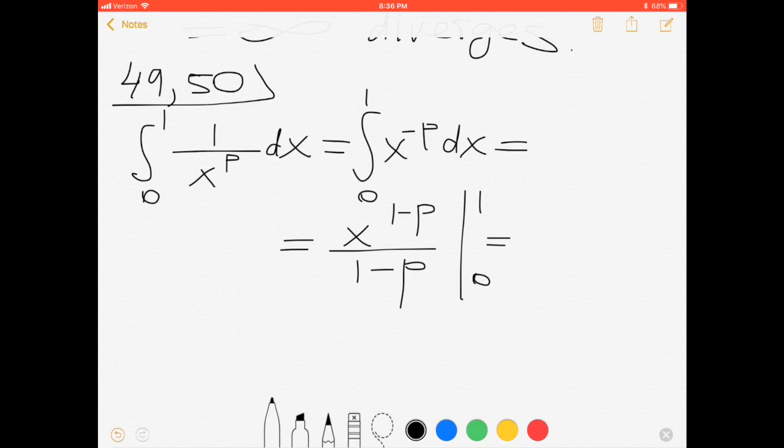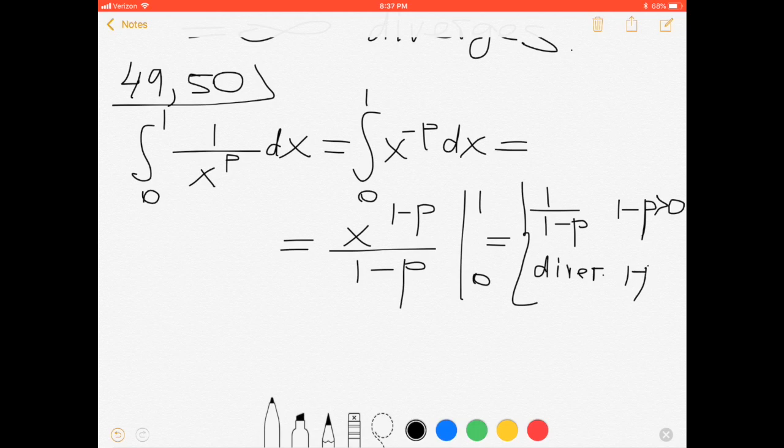And the answer will be 1 over 1 minus p if 1 minus p is positive. And if 1 minus p is negative, this means x with this power goes to the denominator. You cannot divide by 0. You have a divergent situation if 1 minus p is negative.